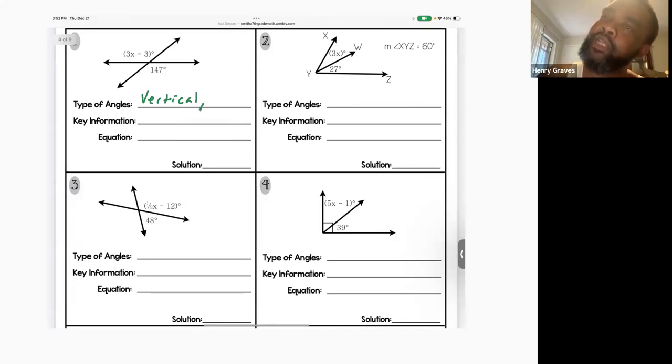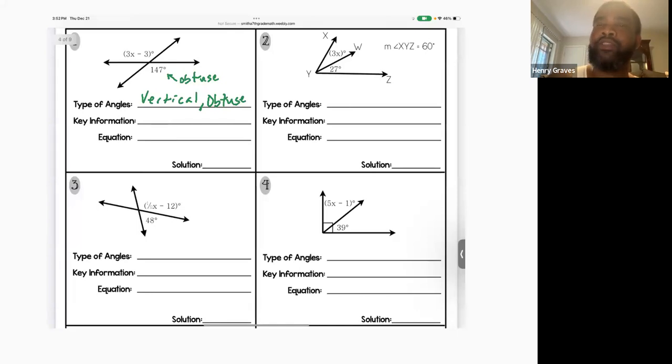So this is going to be my obtuse angle, because that's obviously greater than 90 degrees. They're both going to be obtuse. And if they're vertical angles, they're equal to one another.